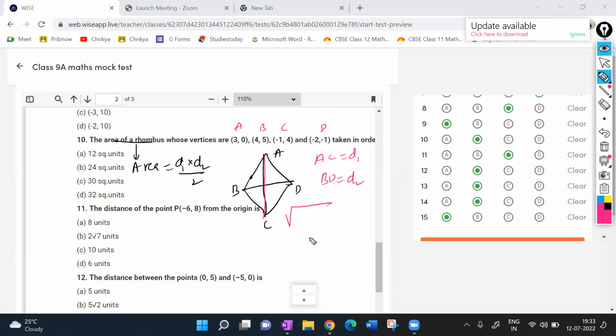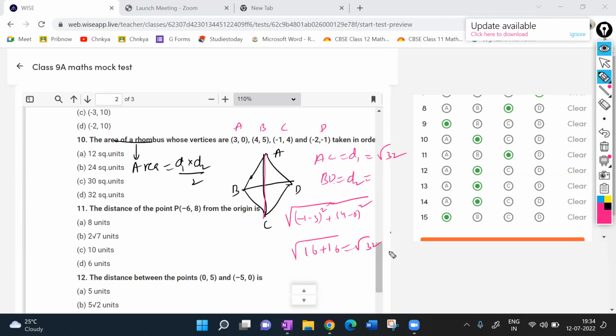So AC is the square root of minus 1 minus 3 whole square plus 4 minus 0 whole square. Using the distance between two points formula, 16 plus 16, which is root 32. So my D1 is the square root of 32.